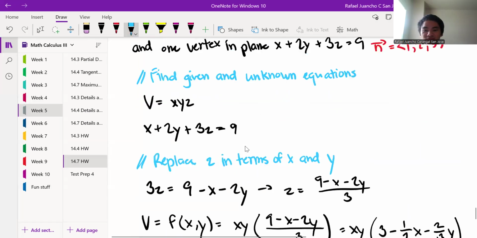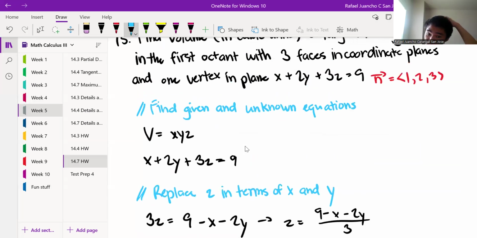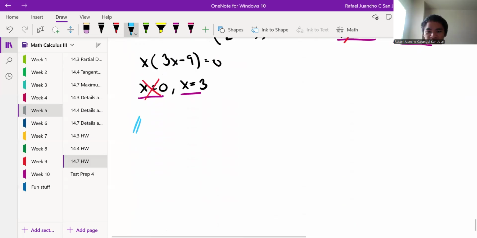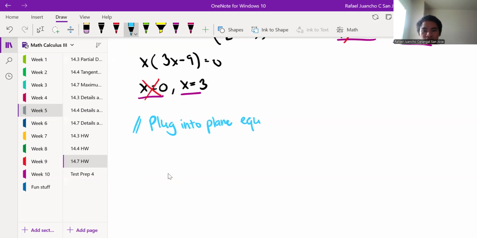to my plane equation rather. If I plug that into my plane equation, I'll get a z value. So I plug into the plane equation to find z.